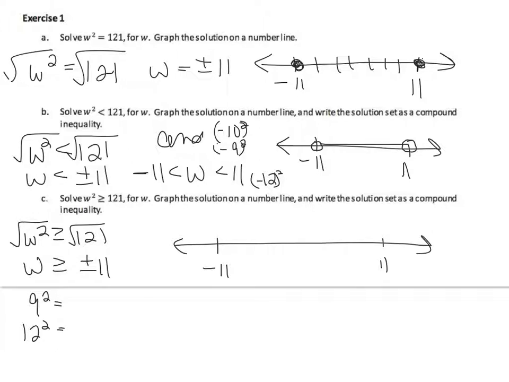So all the numbers in between negative 11 and 11 do not satisfy the inequality, but everything smaller than negative 11 and bigger than 11 does, there we go. That all works. And this is an and inequality, and this is an or inequality.